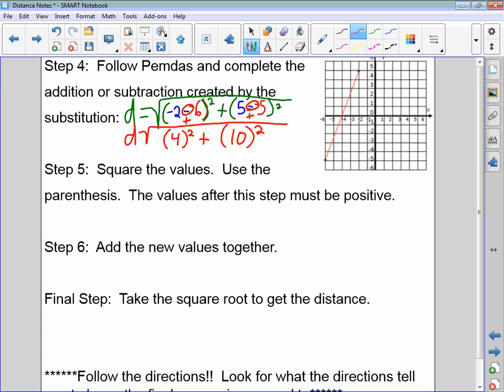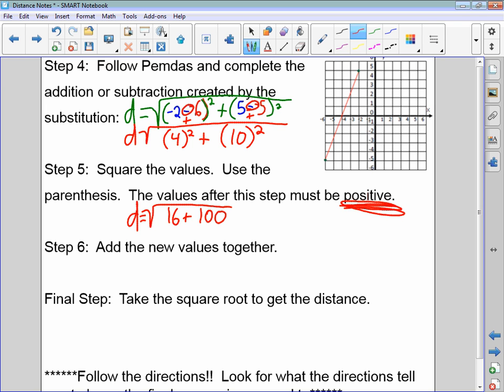So our next step is going to be squaring those values. When I square 4, I'm going to end up with the distance equals 4 squared, which is 16, plus 10 squared, which is 100. I'm going to add the new values together, and something we need to remember is that at this point, both of our numbers should be positive.